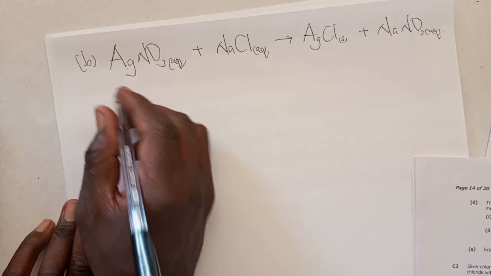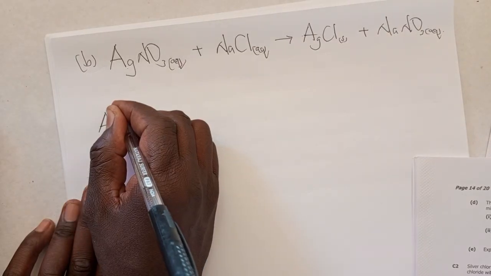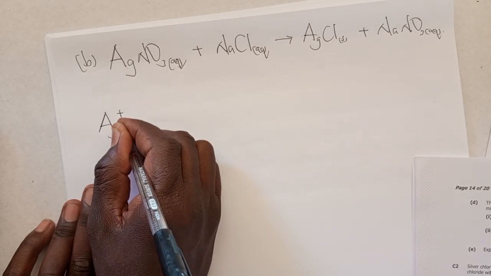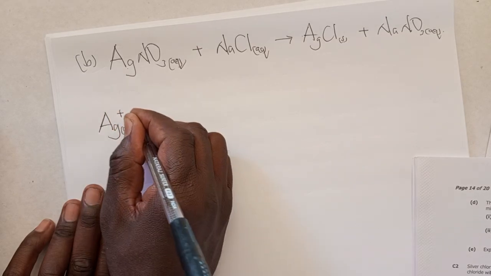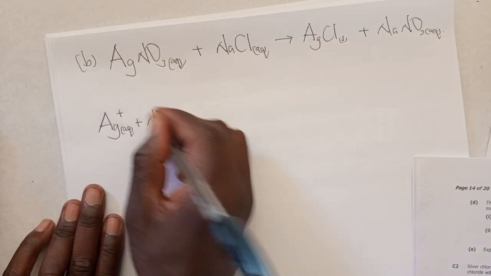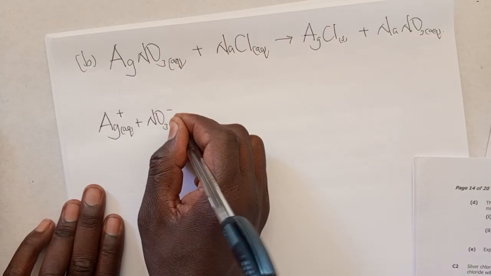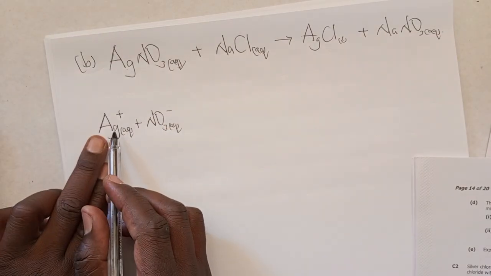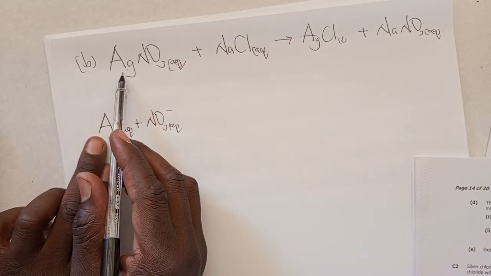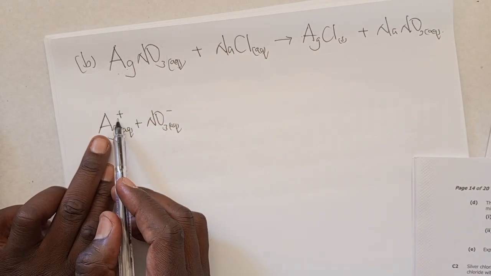So you start with silver nitrate. Silver has a valence of 1, so you leave a plus charge there, in aqueous state, plus what remains here is nitrate. Nitrate has a valence of 1 and you have a negative there. Notice one thing. The ion which is first in the compound will always carry a plus.